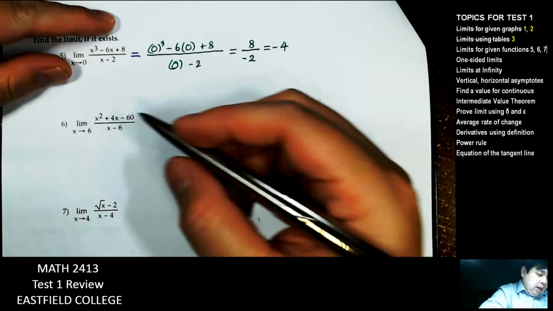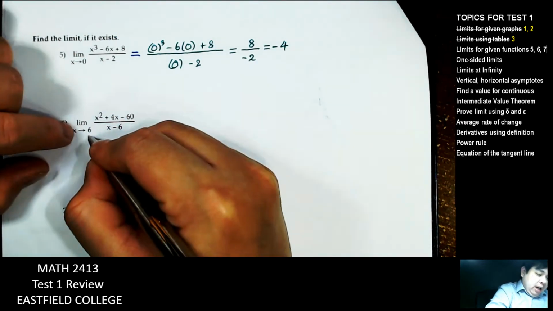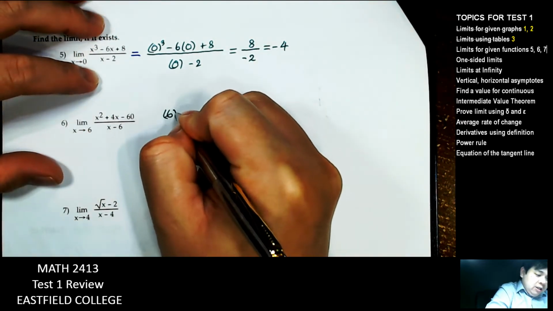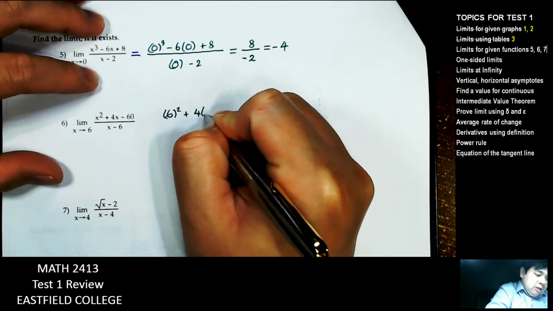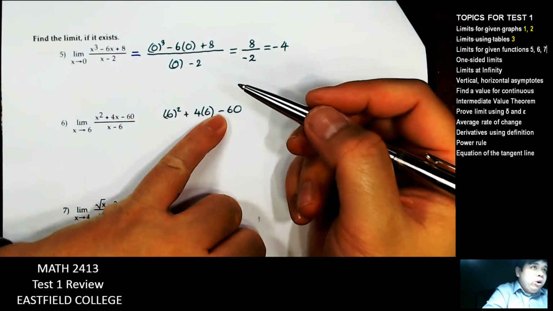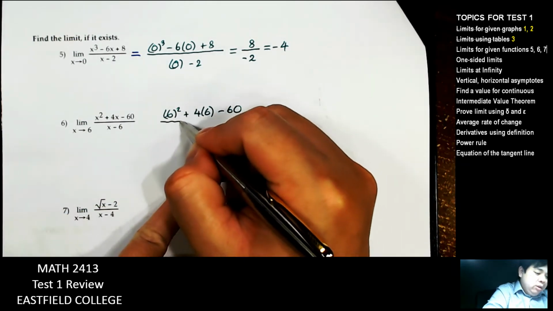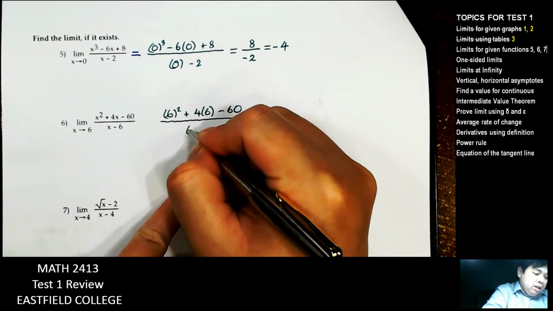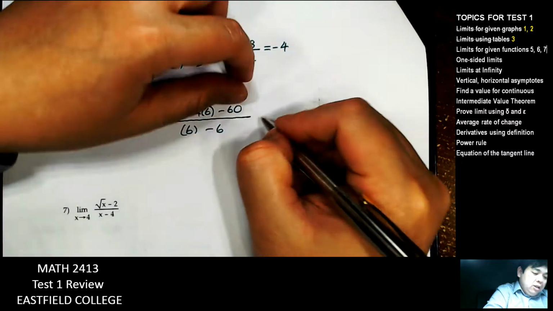Next, 6. I put 6 in for x. So I have 36, 24, 60 minus 60, that will be 0. And we have 6 minus 6.